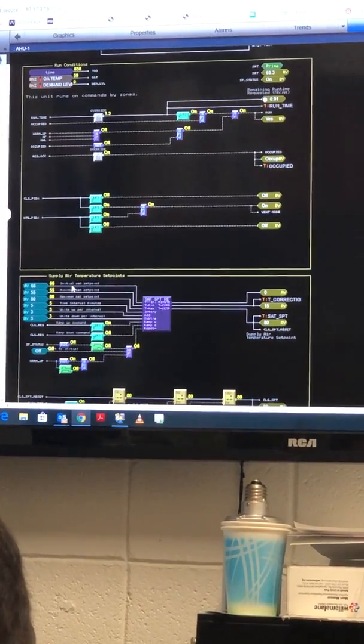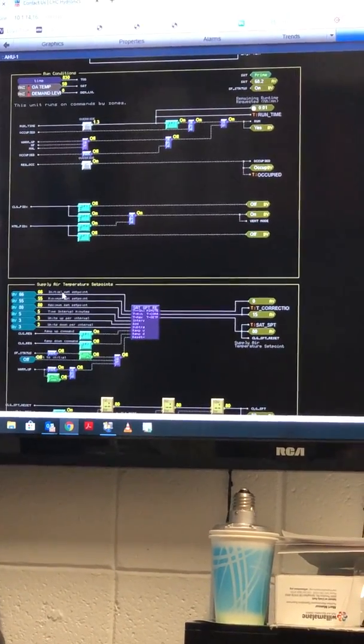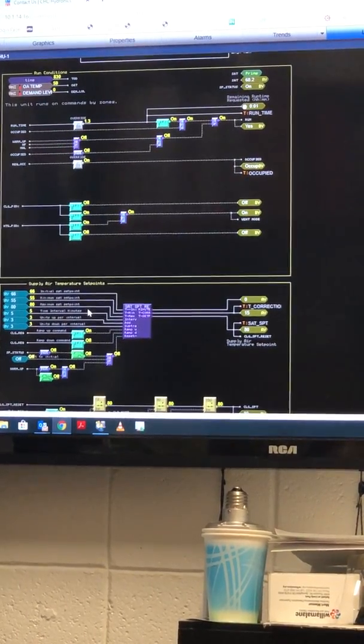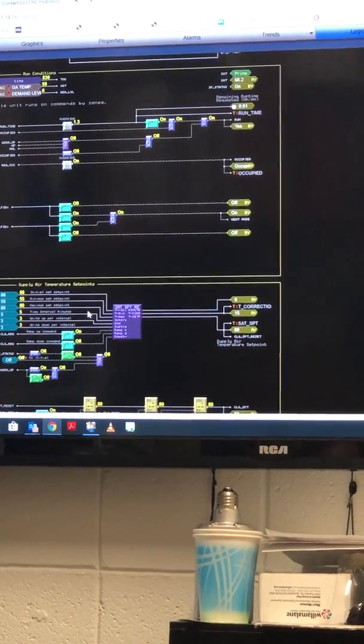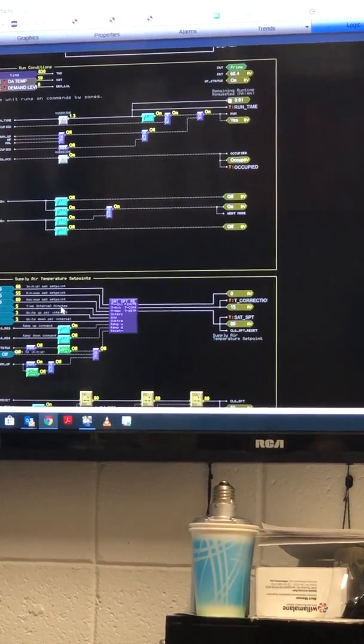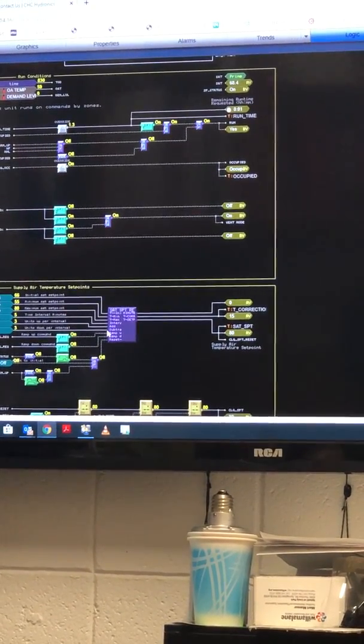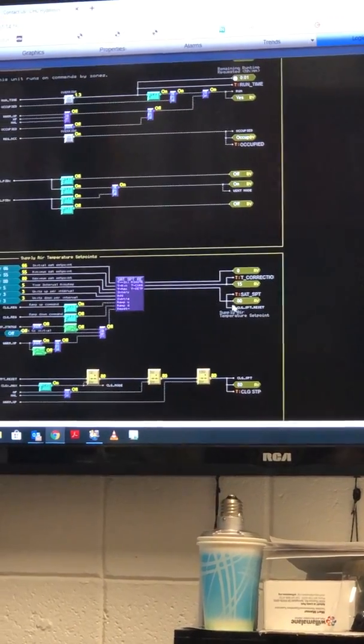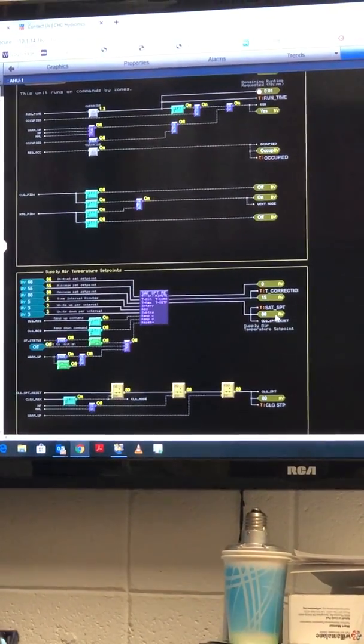The initial supply air set point is at 66 degrees. The minimum is 55. Maximum is at 80 degrees. It goes in time intervals, how often it's sampling. And then it gives us a supply air temp set point, right?